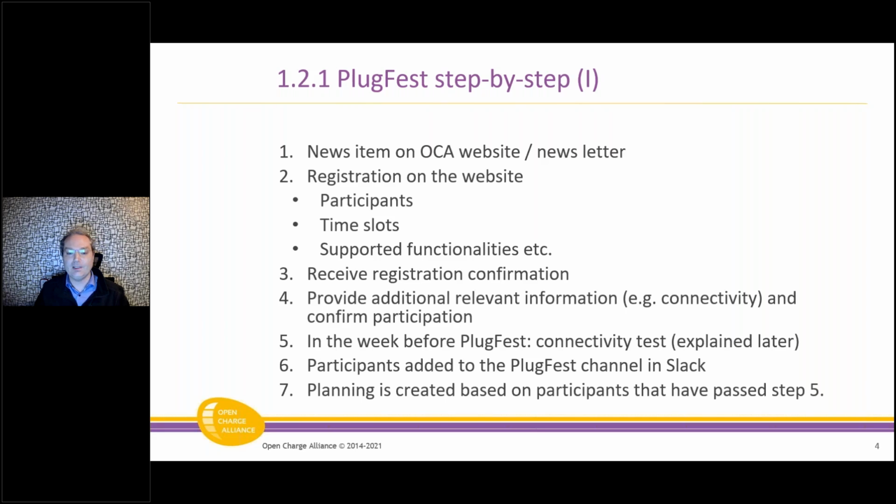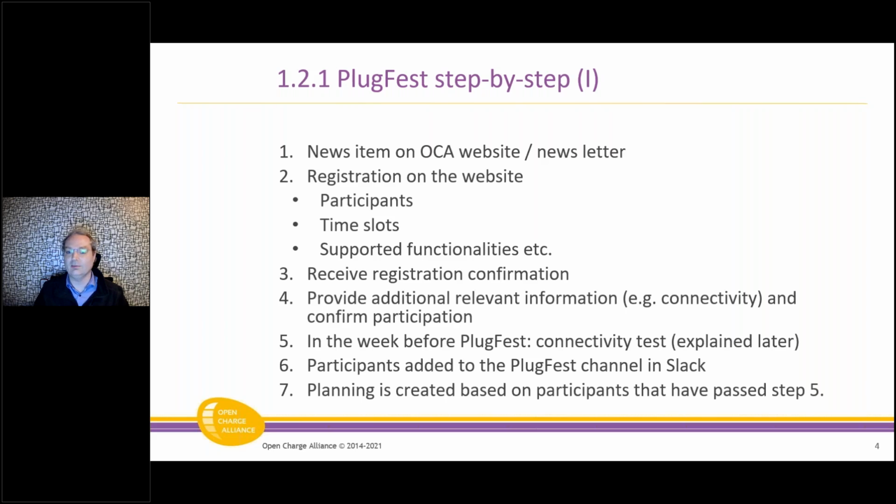In the week before the Plugfest, that's the next step on this slide, we have a connectivity test, which we newly introduced in this upcoming Plugfest. I will be talking about it later in this presentation. The idea is that once you have passed that test, we will add you as a participant to the Plugfest channel in Slack.